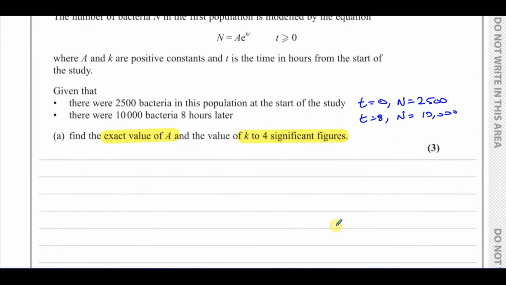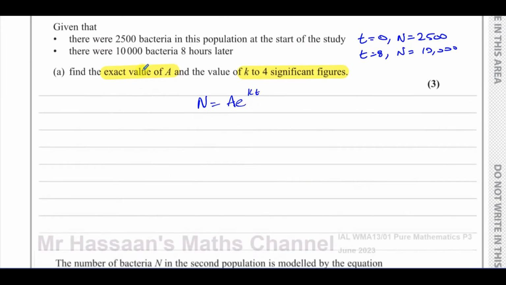All right, so now find the exact value of a and the value of k to four significant figures. So we know the model they gave us is n equals a times e to the power of k times t. So we're going to use these pairs of values. So when t equals 0, n equals 2,500. So I'll use this first, and I will put this into this equation.